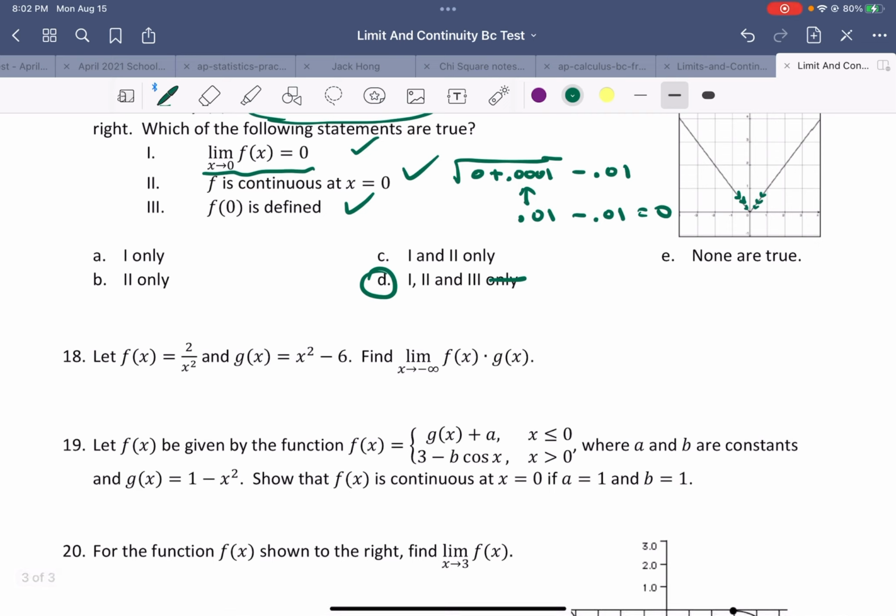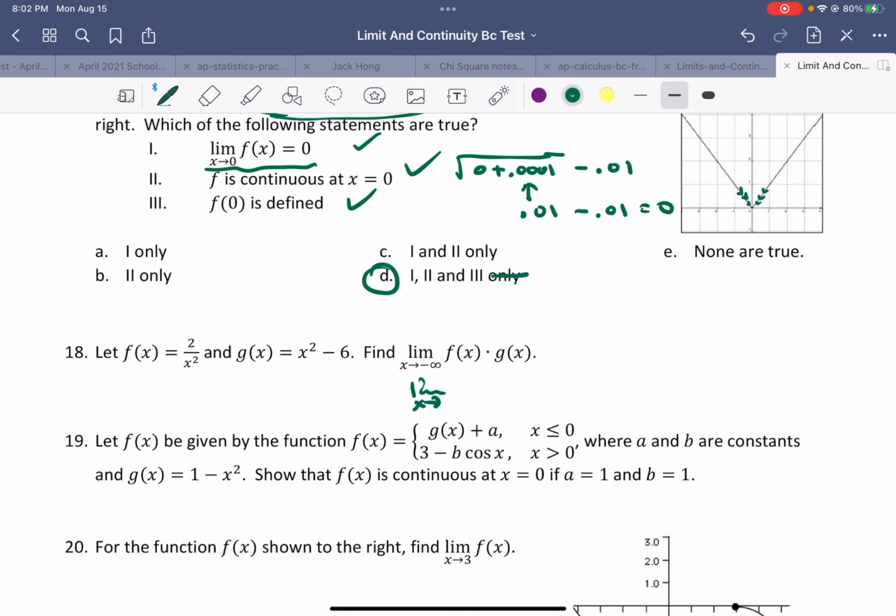Number 18, f of x is 2 over x squared, g of x is x squared minus 6. Find, when x approaches negative infinity, f of x times g of x. So the limit as x approaches negative infinity of 2 over x squared, that's f of x, times x squared minus 6. You can rewrite this, and when you multiply, the numerator only, it's 2x squared minus 12 over x squared.